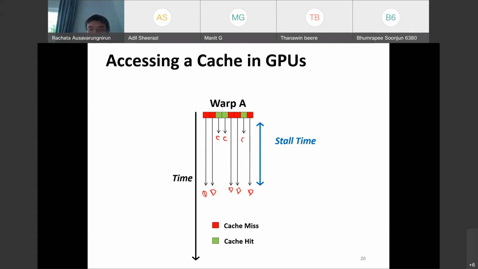Sorry. Basically, one of the key benefits of having a cache in the GPU is that instead of sending, for example, here 8 different data requests to DRAM, you only send 5. It reduces DRAM bandwidth demand.